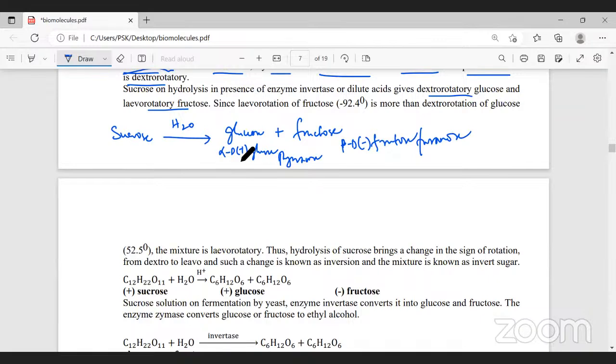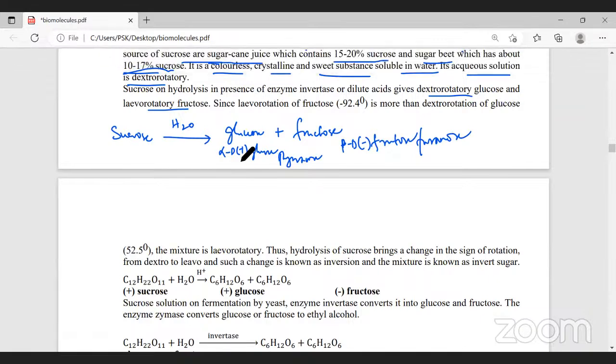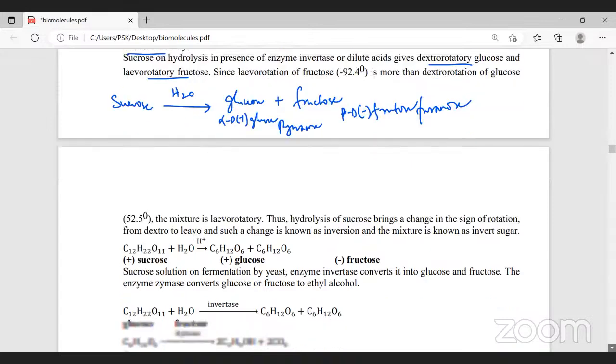So these are the more apt or appropriate definitions for the monosaccharides of sucrose on hydrolysis. Now, how do we prepare sucrose?